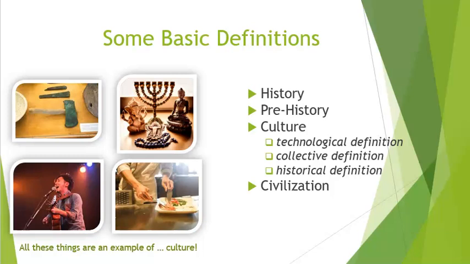It's a very different type of culture than the culture of modern Europe, in which case we might be talking about things like jet engines or airports or the internet and so on.